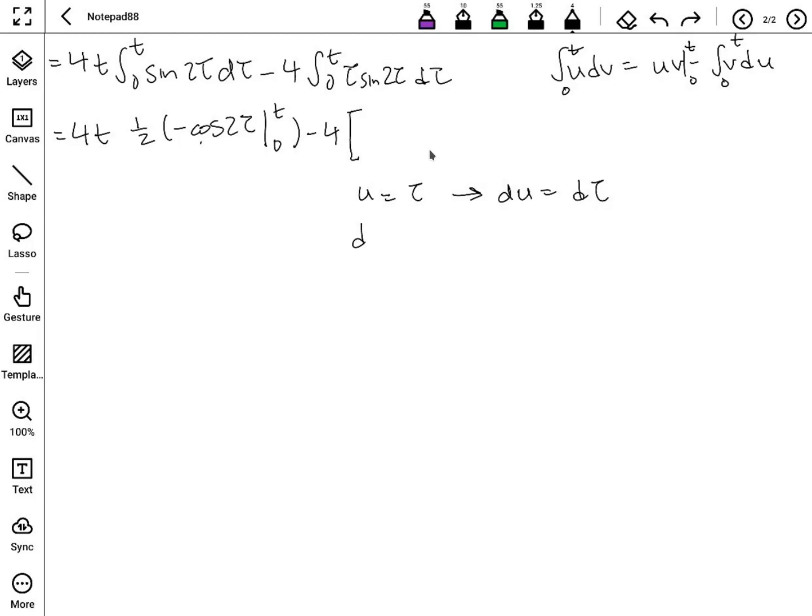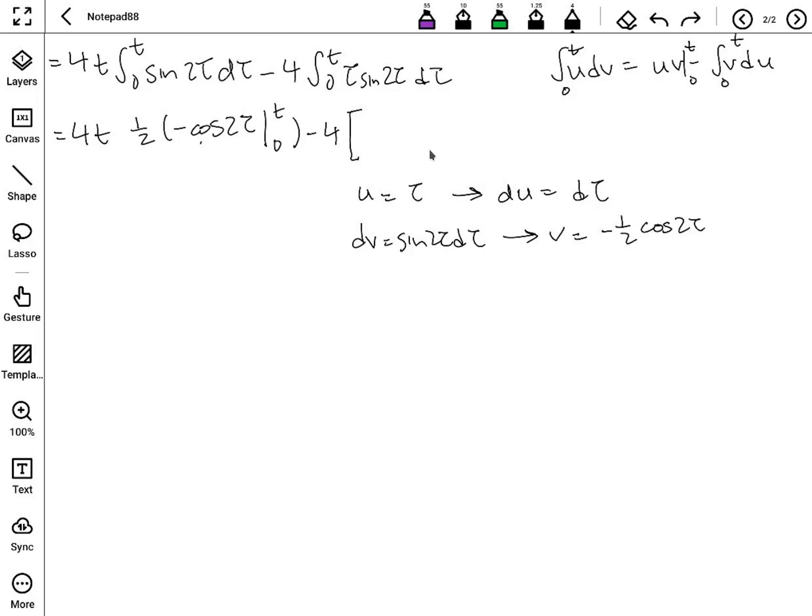So using it as the thing that becomes a derivative is what I want. That means my dv is sine 2 tau d tau, which means my v is that same integral we just took, minus 1/2 cosine 2 tau, and the d tau goes away.